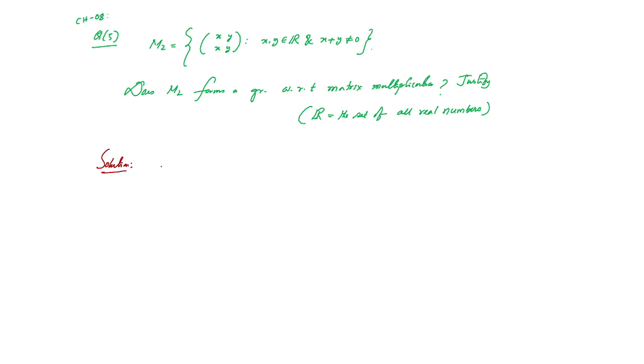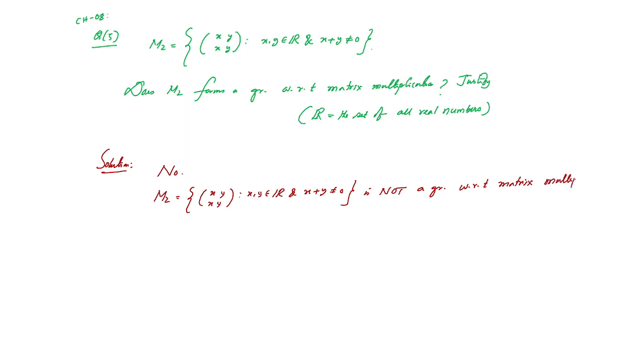Here we state that no, M2, the set of matrices of the form [x, y; -y, x] such that x and y belong to R and x plus y is non-zero, is not a group with respect to matrix multiplication.